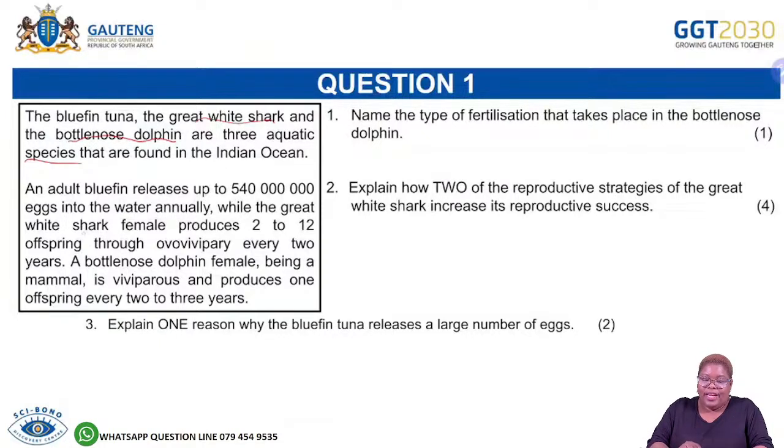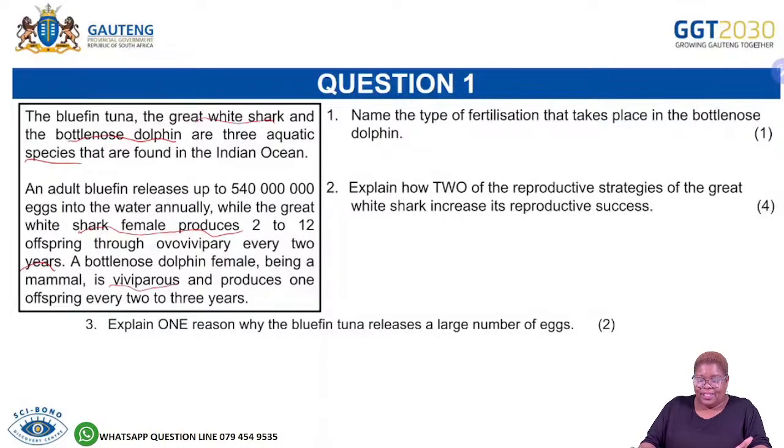while the great white shark female produces 2 to 12 offspring through ovovivipary. We have learned about that strategy, its advantages and how it works. 2 to 12 offspring through ovovivipary every 2 years, right? A bottlenose dolphin female, being a mammal, is vivipary.